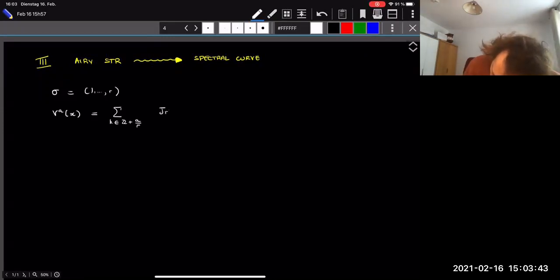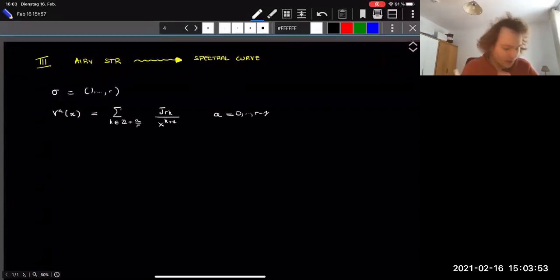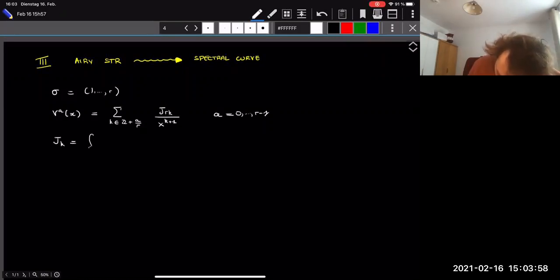And here I have x^{k/R}, with a running from 0 to R minus 1. And J_k was a representation of the Heisenberg algebra in terms of differential operators: ħ times 0 d/dx_k for k positive. For our purpose, the zero mode was 0. And here we just take x_{-k} for k negative.